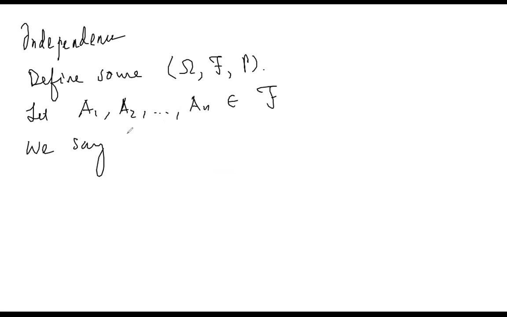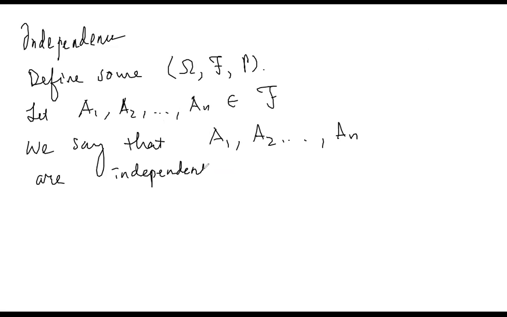And we say that A1, A2, up to AN are independent if and only if the probability that you take the intersection of AK over K in IJ equals the product of the probabilities.